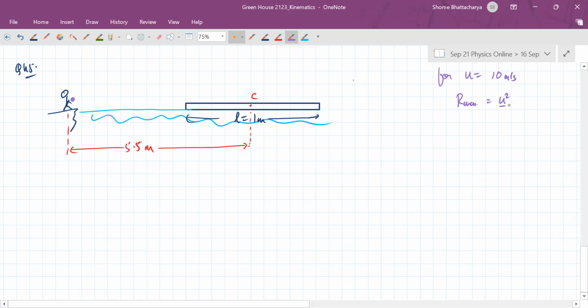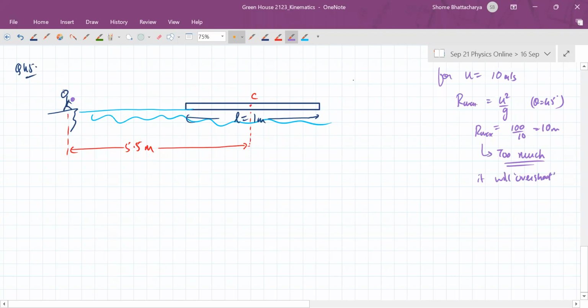It is u squared by g for theta equal to 45 degrees. Let's check out how much that is. So that is 100 by 10 meters. Okay. So you can see that the maximum range is too much. So it will overshoot the boat.